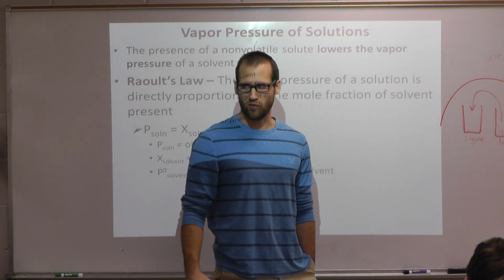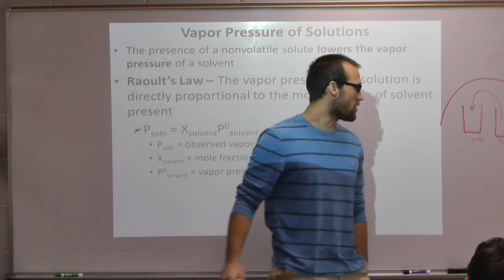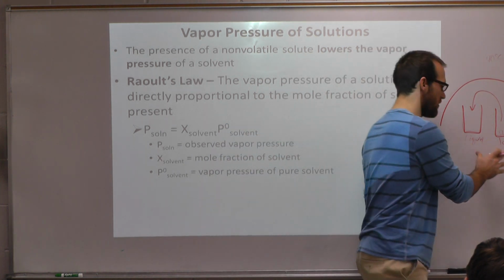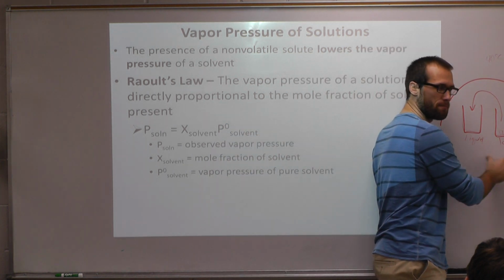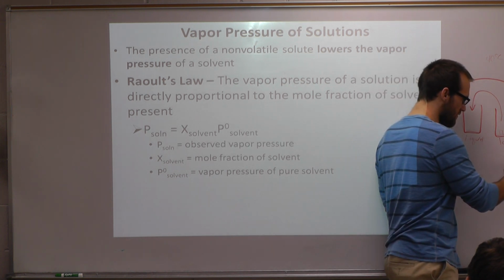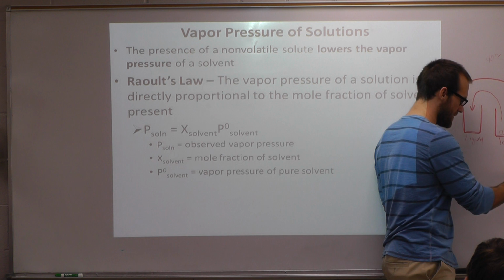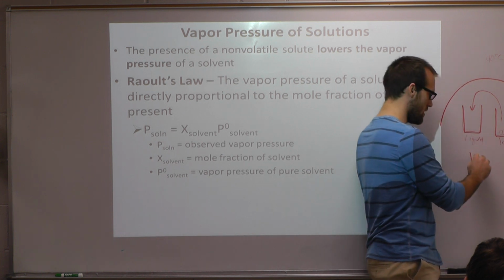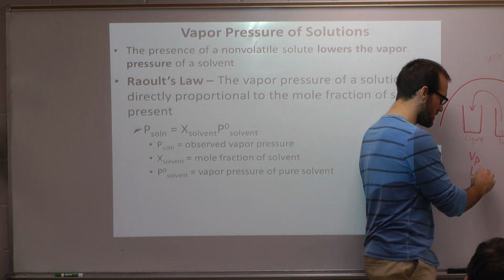Okay, and the reason why, if you can remember, had to do with the vapor pressures of these two. What was happening is the vapor pressure of this was high, and the vapor pressure in the liquid form was lower.